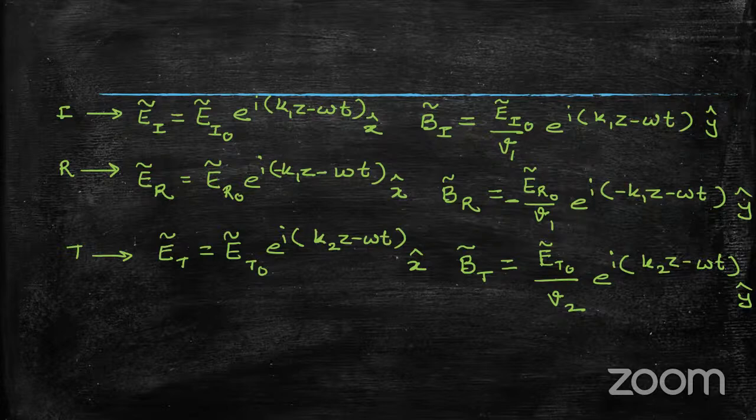But the question is, when it sees the boundary, what happens? When the electric field and magnetic field see the boundary, they have to follow the boundary conditions, which we already have. So we can apply the boundary conditions for the left hand side, medium 1, equal to the right hand side, medium 2, right? So what are the first boundary conditions?